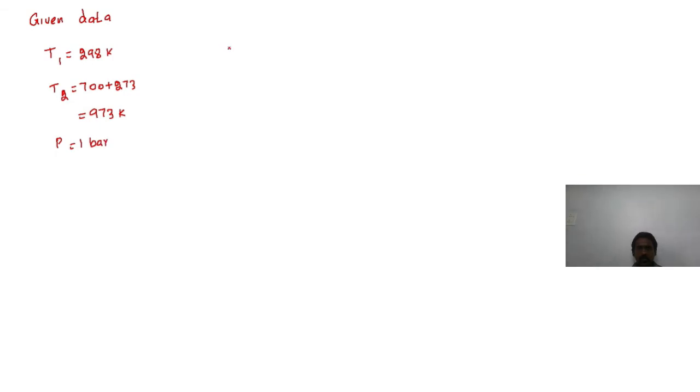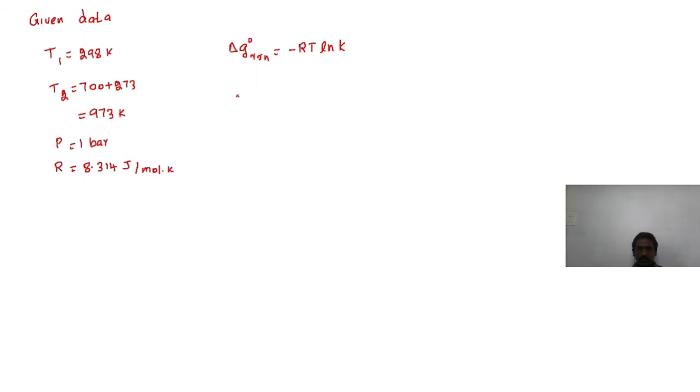Let me write the formulas for this problem. That is del G naught of reaction equal to minus RT ln K. R is the universal gas constant, equal to 8.314 joule per mole Kelvin. T is the reaction temperature, K is the equilibrium constant.